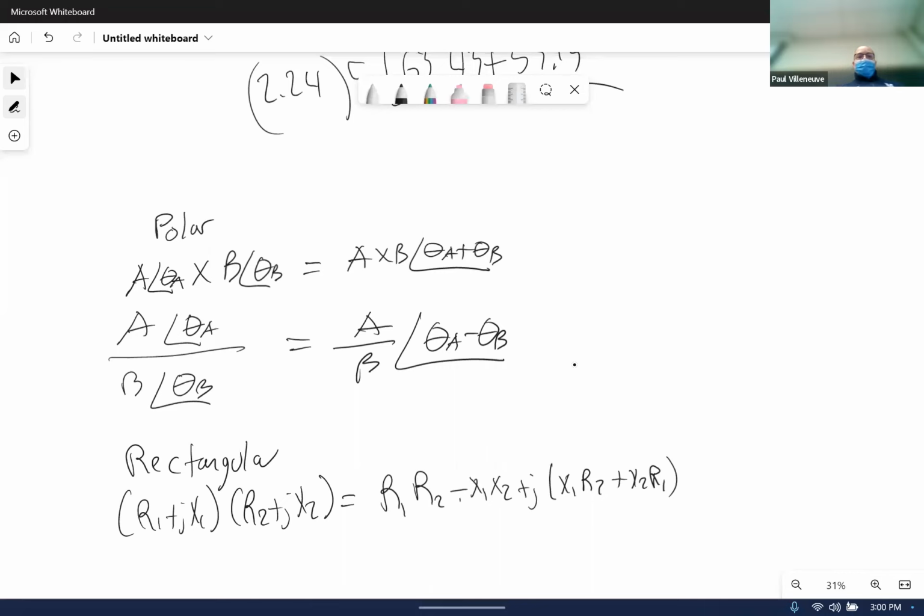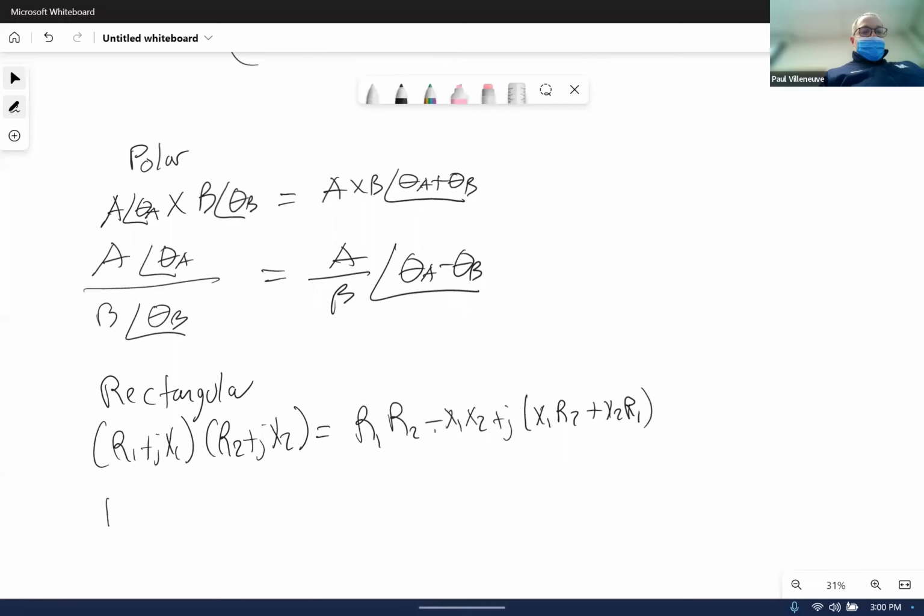That's how you multiply. Divide is multiplying by complex conjugates. Adding or subtracting. Let's show you how to add and subtract. This is the easiest one.